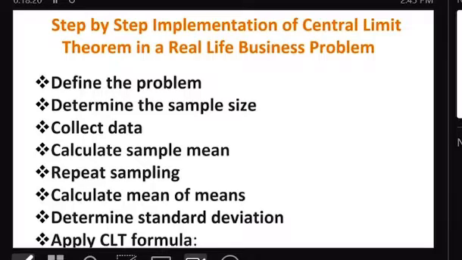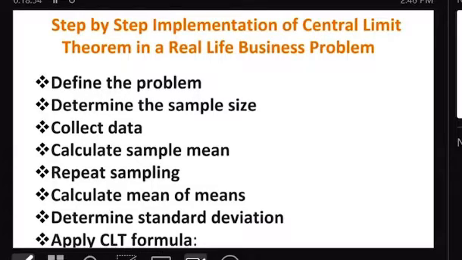Now, the sample mean: if they want to conduct a study, of course, they are not going to investigate every item they produce. They don't have time for that. They are limited by budget, and because of that, they're going to take a sample, right? Now, number one, we define the problem. The problem is that we actually want to know the average weight of our products. Any question about the definition of the problem?